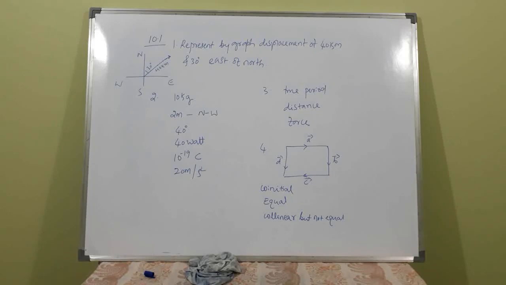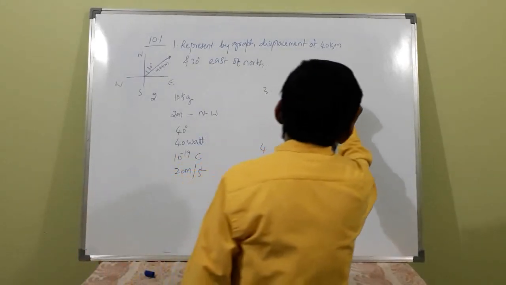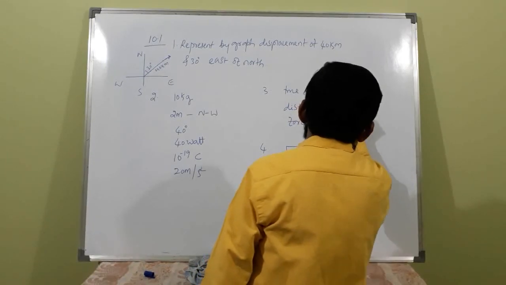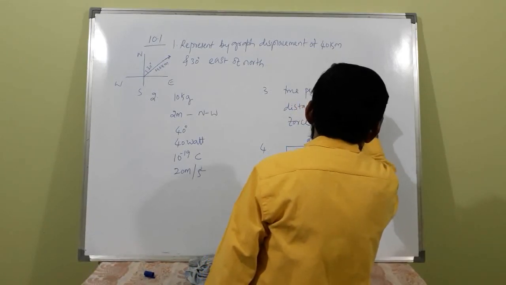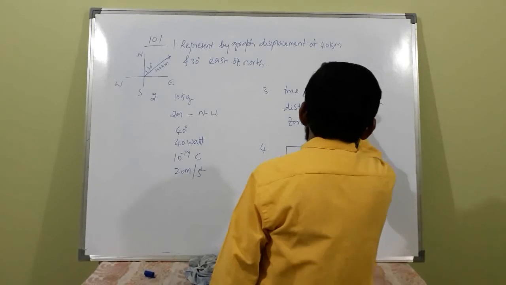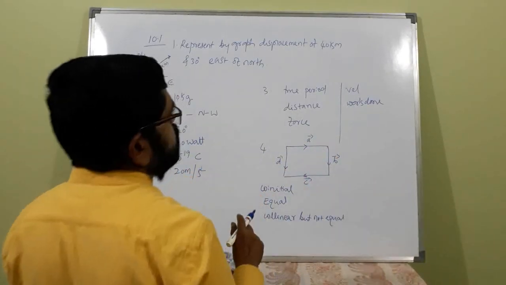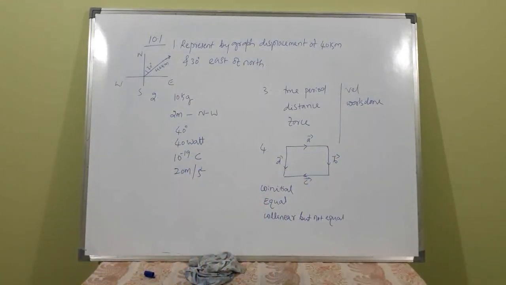Velocity is a vector quantity, work done is a scalar quantity. So time period, distance and work done are scalar quantities. Force and velocity are vector quantities.